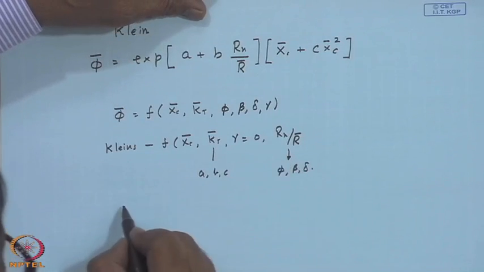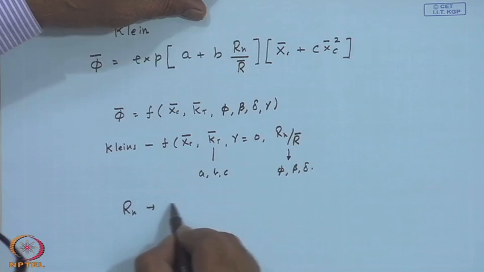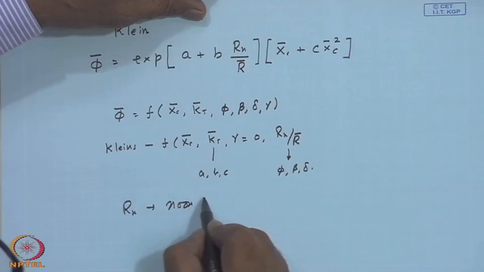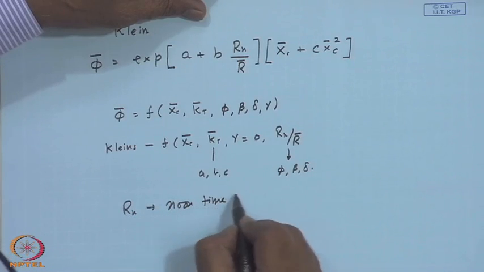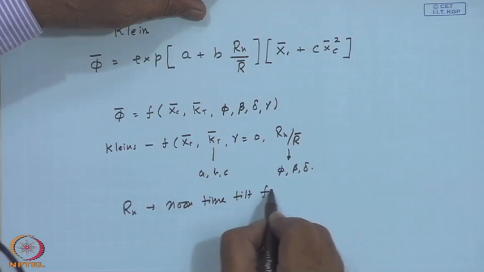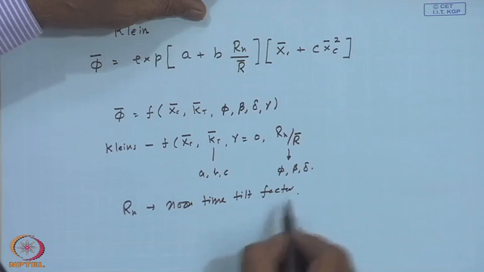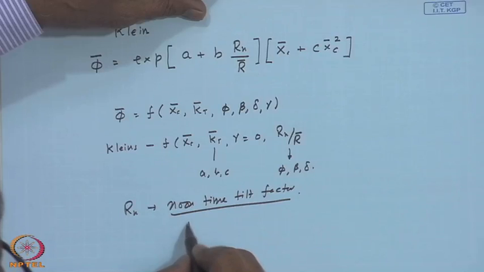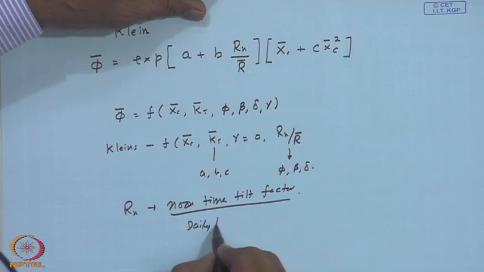So, this R n is the noontime tilt factor to a daily tilt factor.